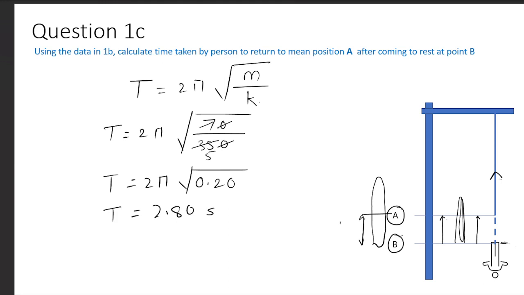This time is just T by 4. In that situation, we can write t is equal to T by 4, which is 2.80 by 4, or 0.70 second.